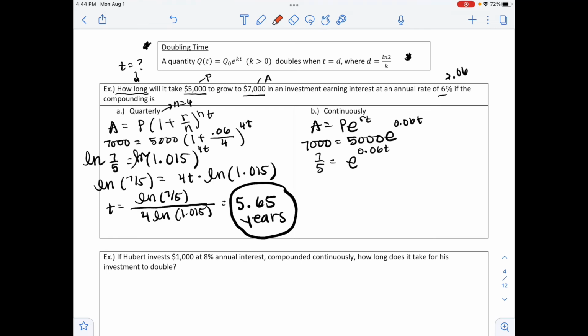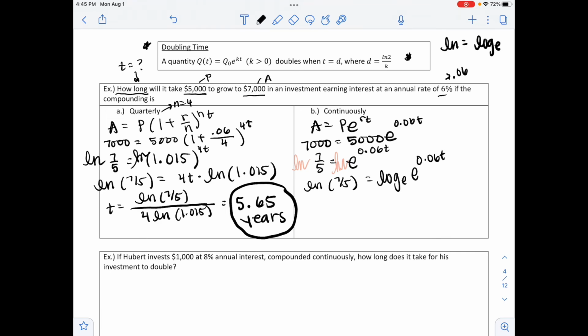And then again, this is an exponential function. Since I do not know that exponent, I need to use the inverse of an exponential function, which would be a log function. I'm going to use ln again. So putting ln on both sides of my equation, we have ln of 7/5 equals, and now since ln is equal to log base e, we can see that this base and the expression that we're taking the log of have the same e.